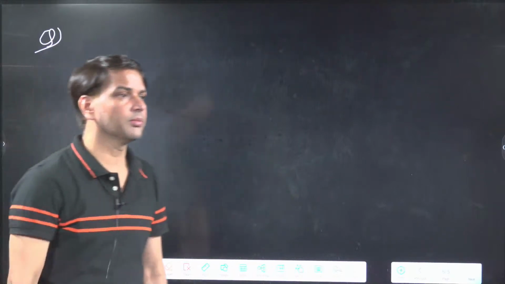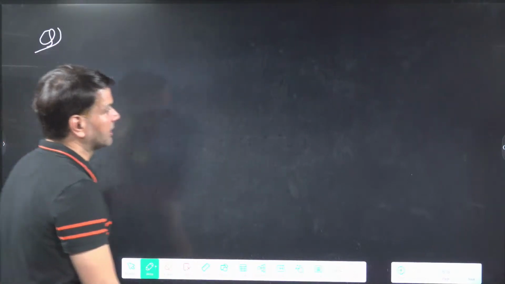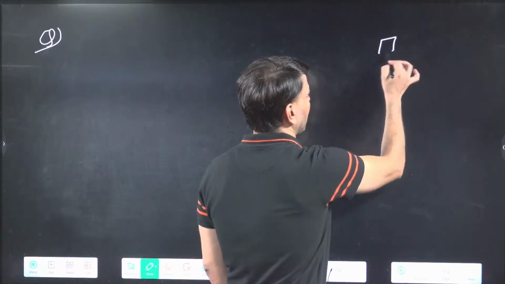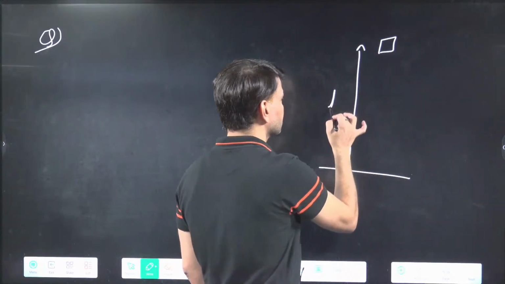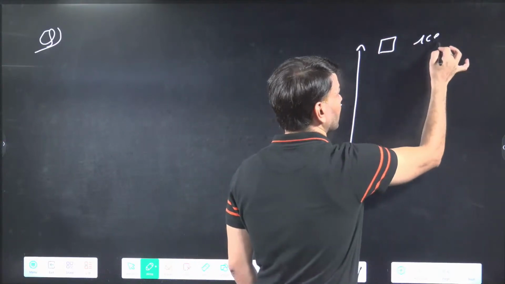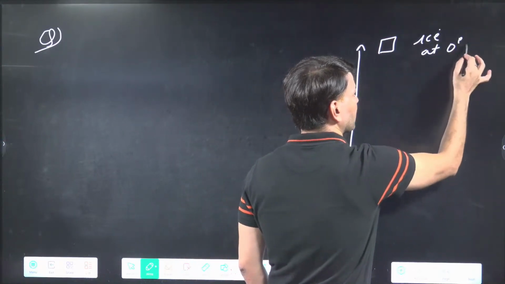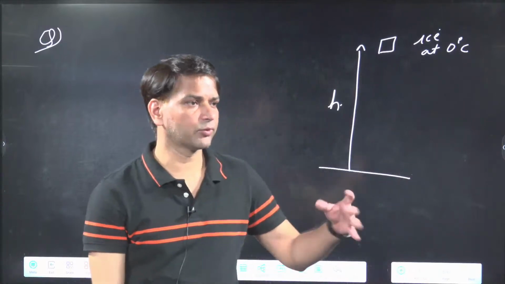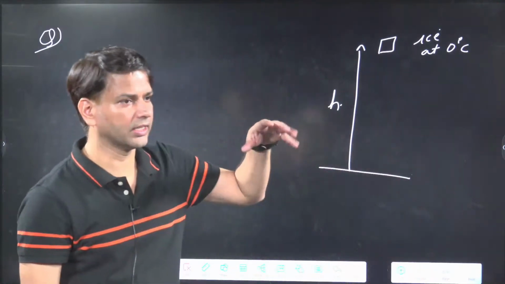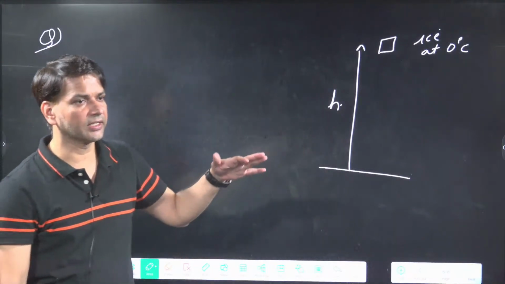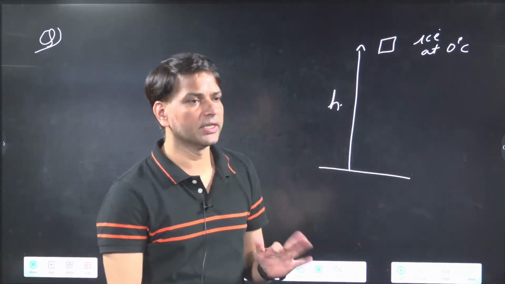So now some problem. Suppose we have an ice block falling from the height h. As it is falling, due to air resistance, its energy is decreasing, and that energy is going in the form of heat.